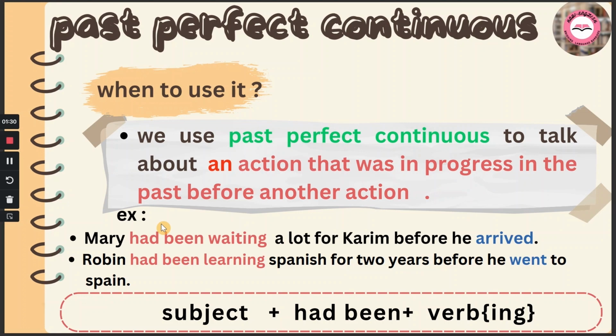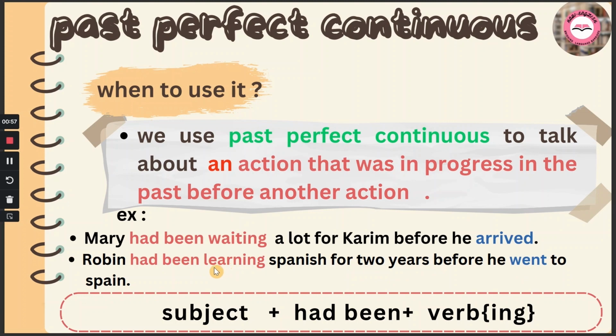Let's take some examples to make it clear. Mary had been waiting a long time for Karim before he arrived. So the action of waiting took a long time before Karim arrived, okay? Robin had been learning Spanish for 2 years before he went to Spain.